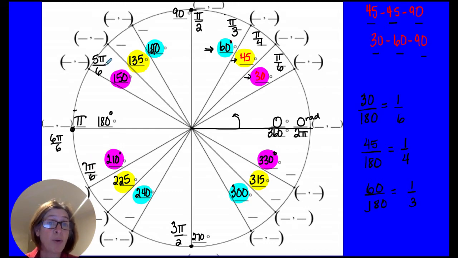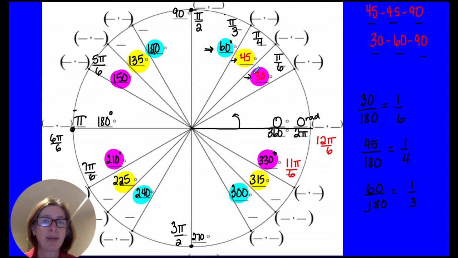Why? Because they go in order, a fractional relationship all the way around. I can use that same idea at 2 pi. If I call 2 pi 12 pi over 6, that would mean the radian at 330 would be 11 pi over 6. Again, this is a review, so this should be just a way to help you remember what quadrant they're in.